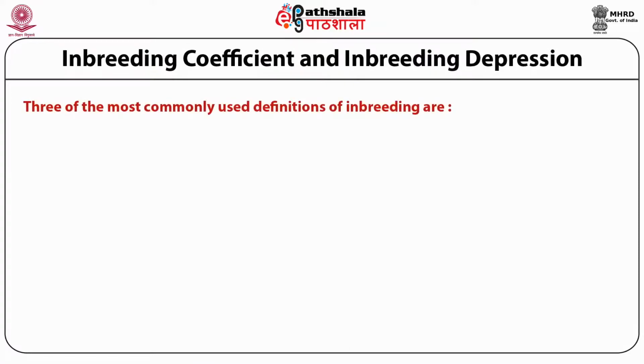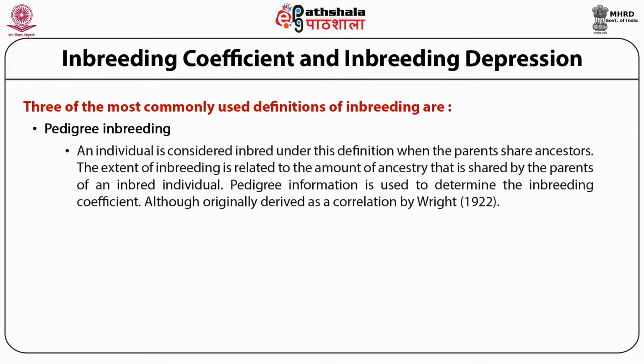Three of the most commonly used definitions of inbreeding are: first, pedigree inbreeding. An individual is considered inbred under this definition when the parents share ancestors.